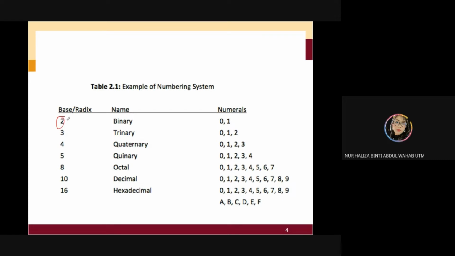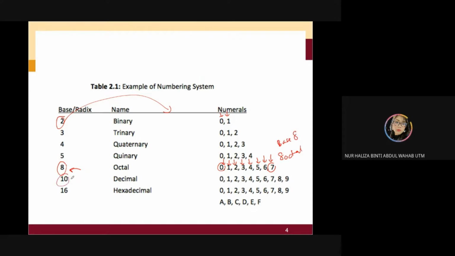For base 2, I already informed you that it's going to be 2 digits, 0 and 1. For octal, you're going to have 0 until 7. Altogether it will be 8 digits, so it's called octal or base 8.